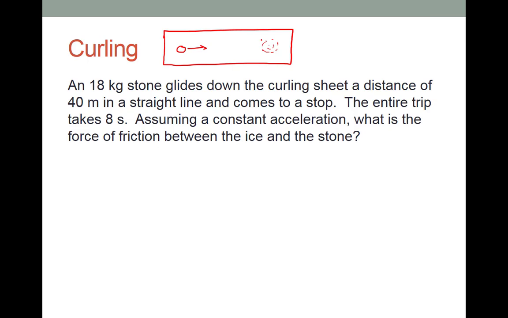We're going to assume that the stone goes down the curling sheet a distance of 40 meters, which is a reasonable distance for a curling sheet. It takes 8 seconds to do that motion. We're going to assume a constant acceleration, so we're going to ignore the sweeping and simplify the situation. The question is, what is the force of friction between the ice and the stone in this case?